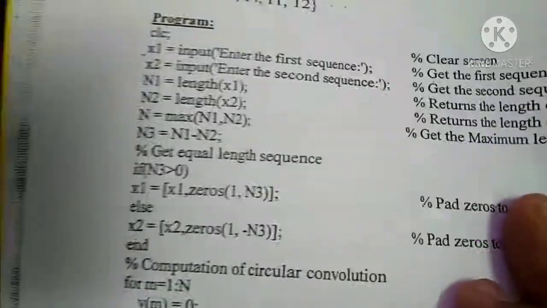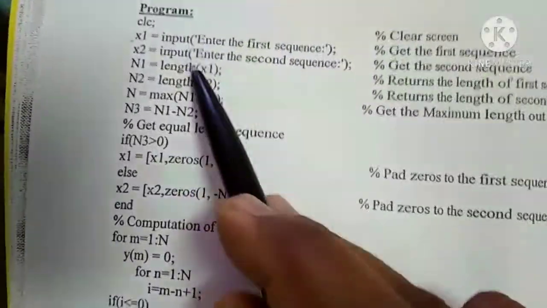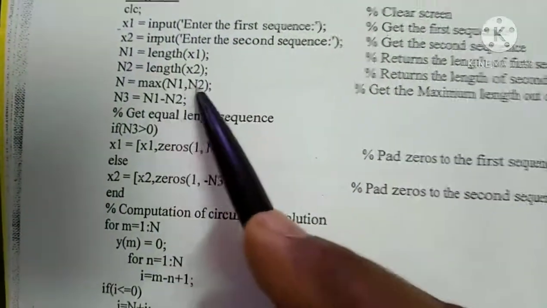So in order to do this one, we are using a program. In this program we have a value. Okay. First we are checking the length of the first sequence and the second sequence. We are taking the maximum of these two. Then we are changing here. Is the value of n1 greater than n1 minus n2?